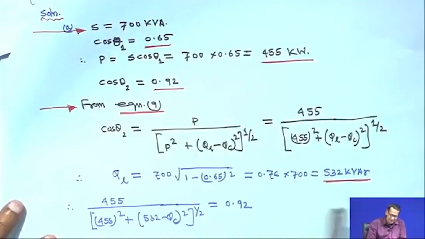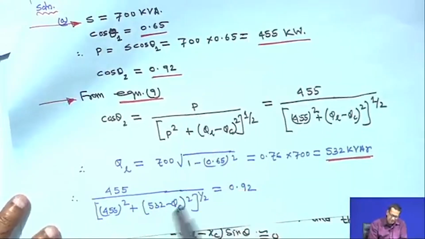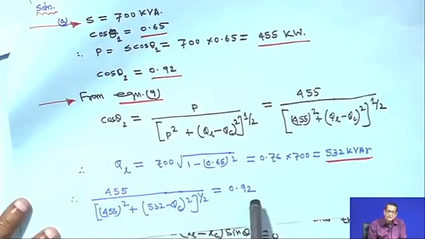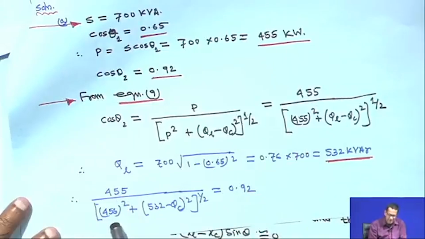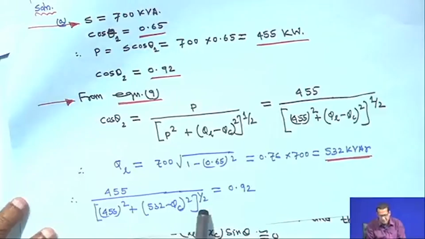Now, in the second case, QL is given. You put it in this equation, since you want to improve the power factor to 0.92. So, cos theta is 0.92 and P remains the same, 455. So, 455 upon root over 455 squared plus (532 minus QC) squared, to the power half.